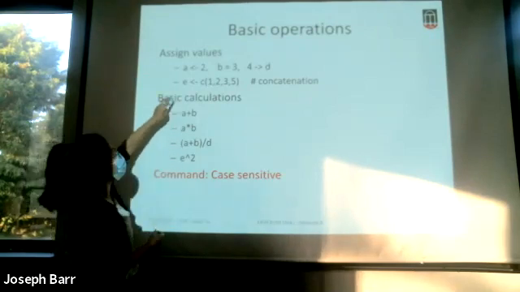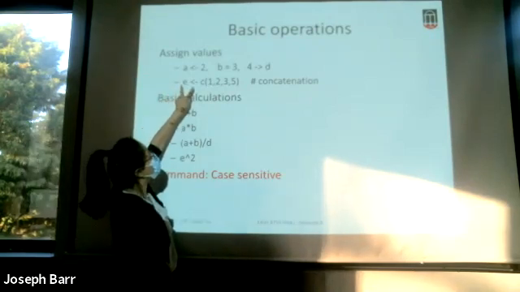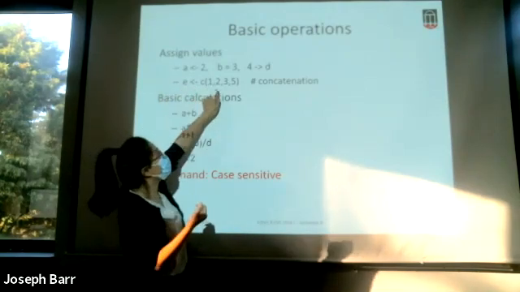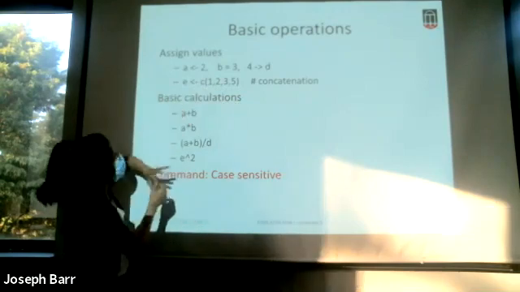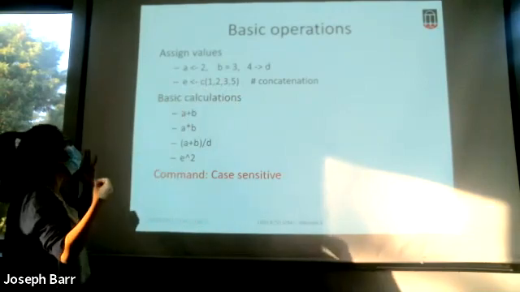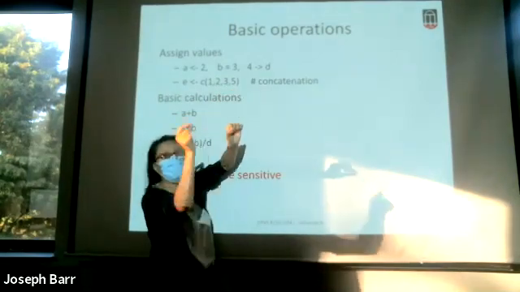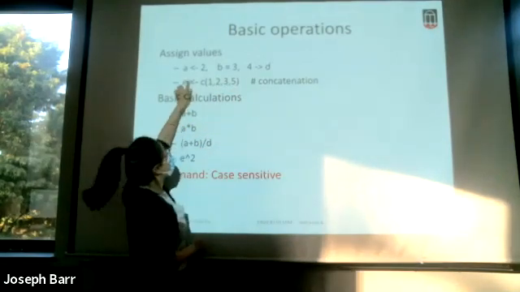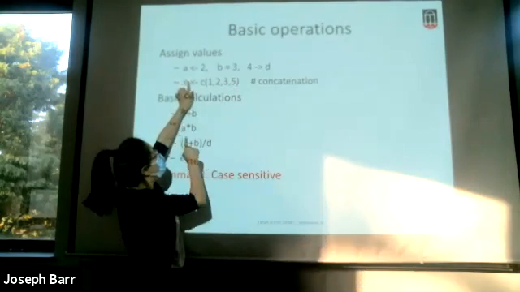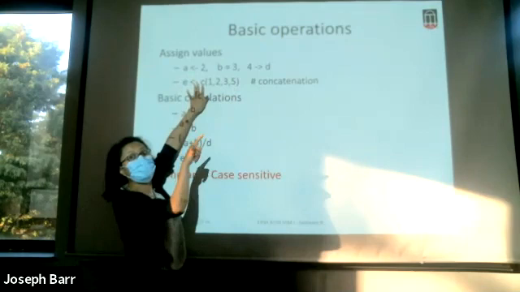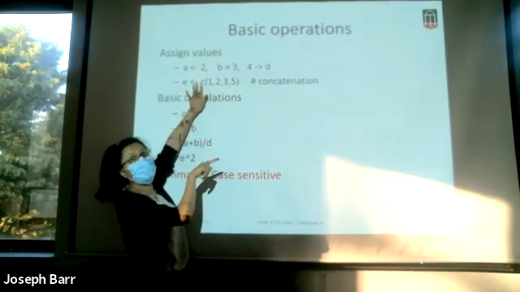How are we going to do that? Suppose I have several variables, A, B, D, E. How are we going to give values to those variables? You can use the equal sign, just as we did in the previous slide. You can also use the less than symbol and a dash, or hyphen, the minus actually.